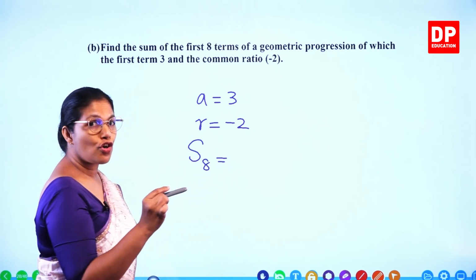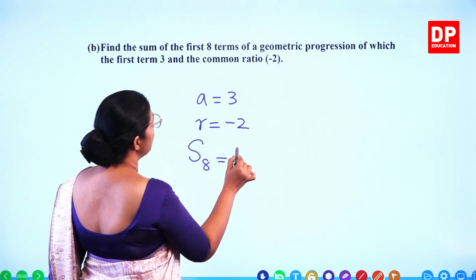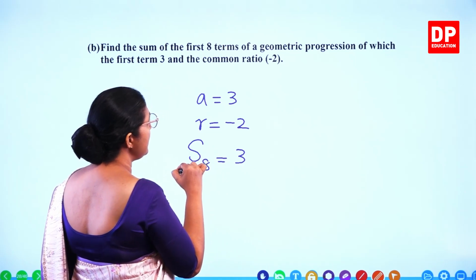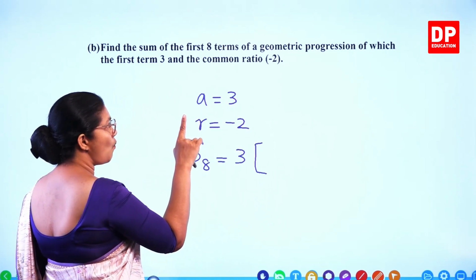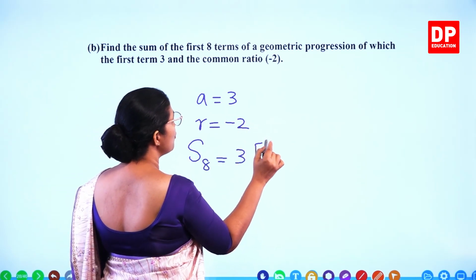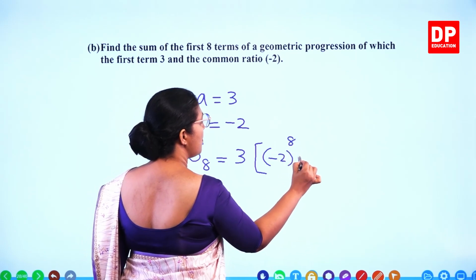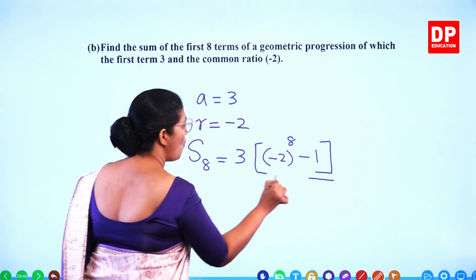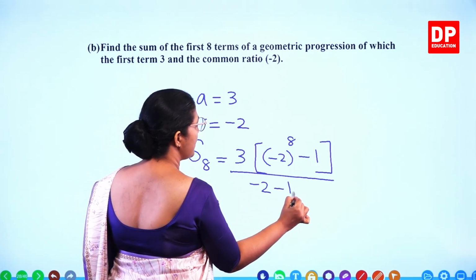What's the formula for the sum of a geometric progression? That's A times R to the power n minus 1 over R minus 1. Since R is not greater than 1 here, we use 3 times (minus 2) to the power 8 minus 1, over minus 2 minus 1.